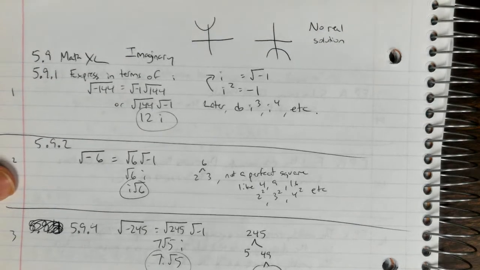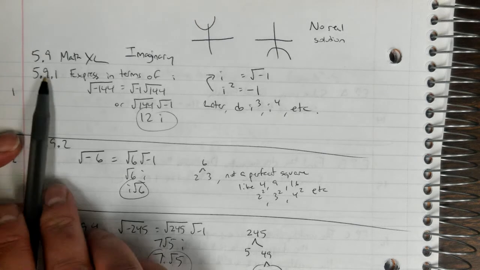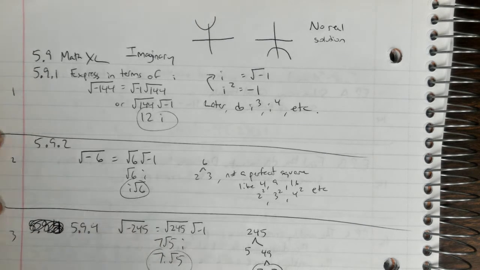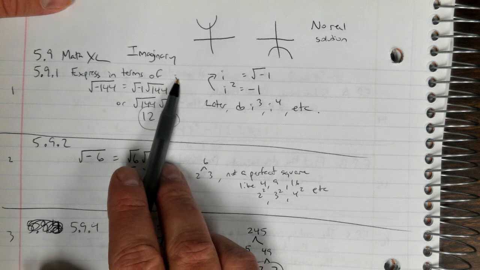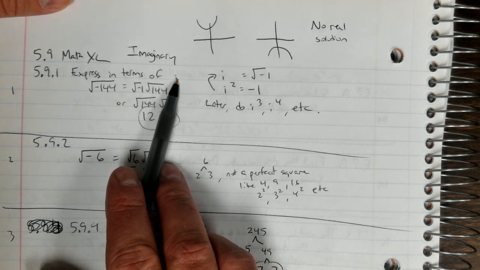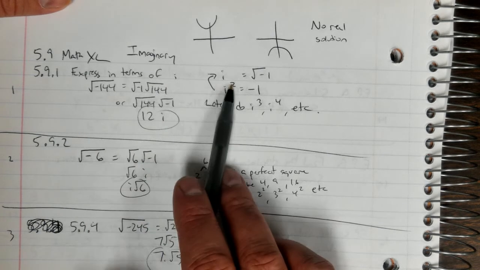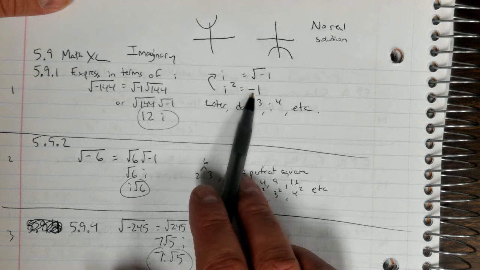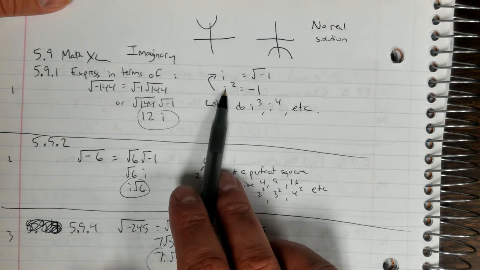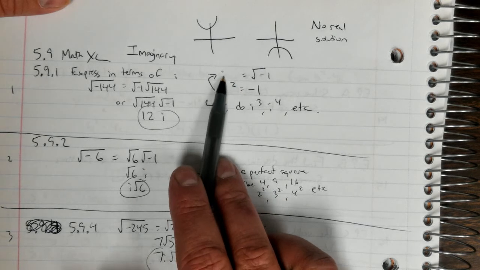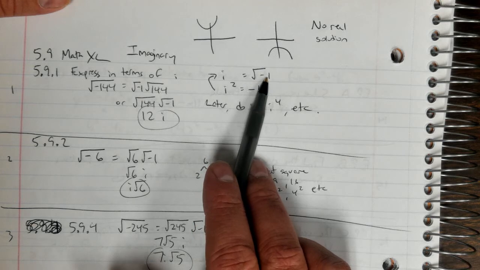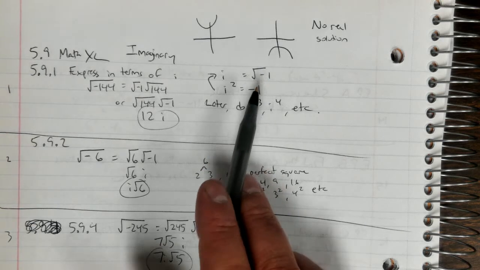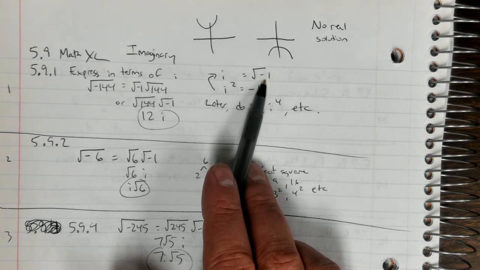Okay, so to start with, 591, this is number 1, it says express it in terms of i. A most important formula is i squared equals -1, and if you go backwards and take the square root, i would be the square root of -1. So let's think about that for a second.